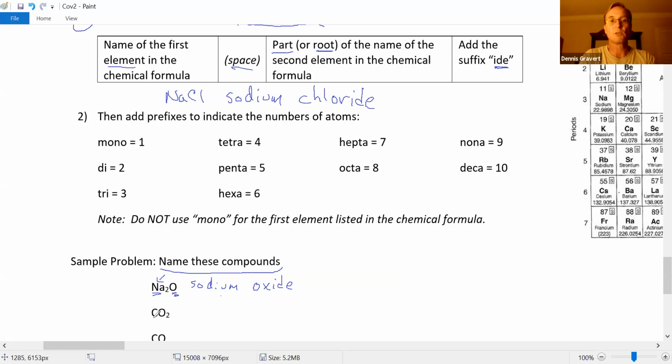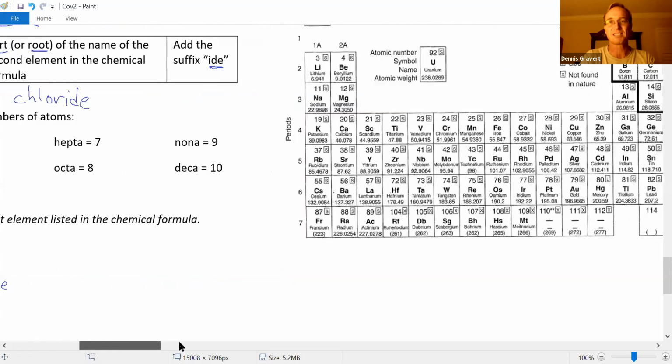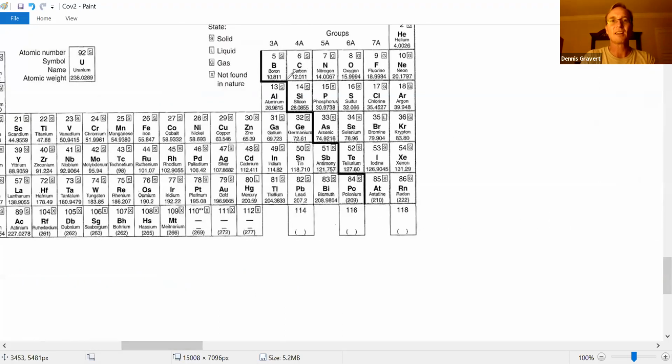What about CO2? Well, you probably already know what that's called. We'll just follow the procedure, make sure we get the same name. CO2, so C, it's right here above the staircase, non-metal. Oxygen, also non-metal. Two non-metals make a covalent bond. Okay, the C, the element name is carbon. O is oxygen.